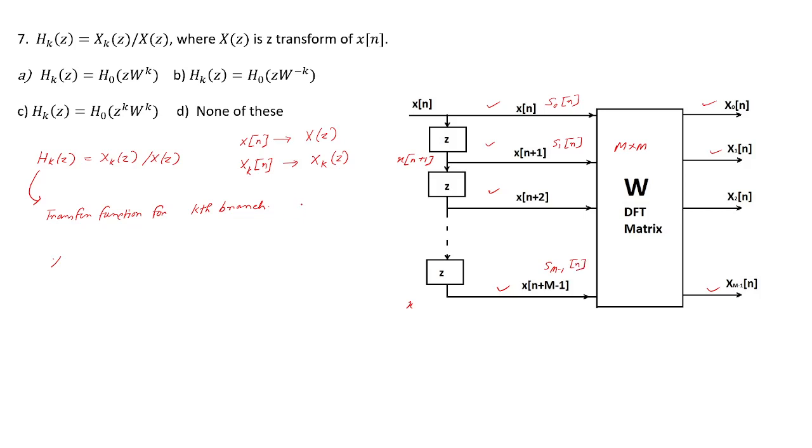So basically, if we remember from the lectures, s_i[n] is equal to x[n+i]. And here I would like to write the z transform also, S_i(z). From basic z transform property, it can be written as z^i X(z) also. Now we'll write the DFT formula for the DFT coefficient X_k(z).